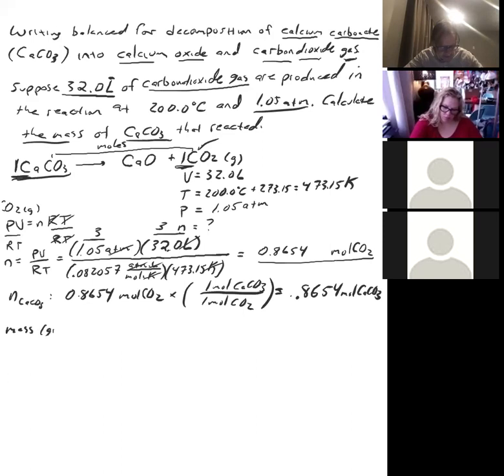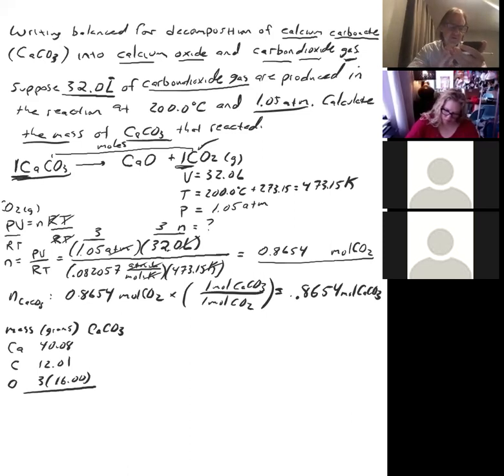Okay. Step 3, we want to find the mass. Remember, grams of CaCO3. Okay. Well, let's figure that out. The molar mass of calcium is 40.08. Carbon is 12.01. And then oxygen, there's 3 of them, 3 times 16.